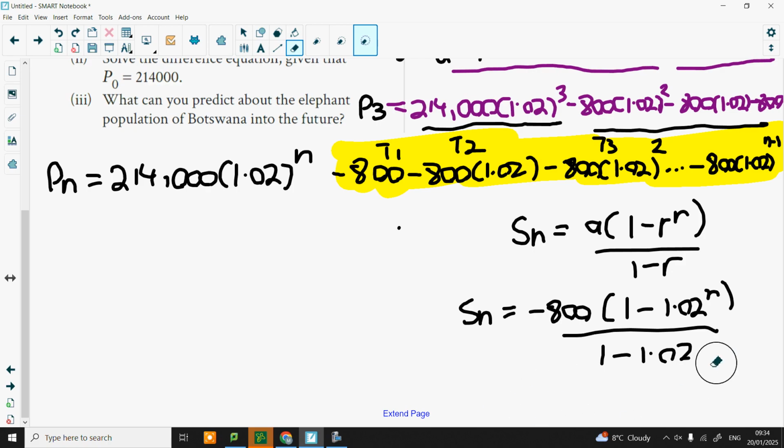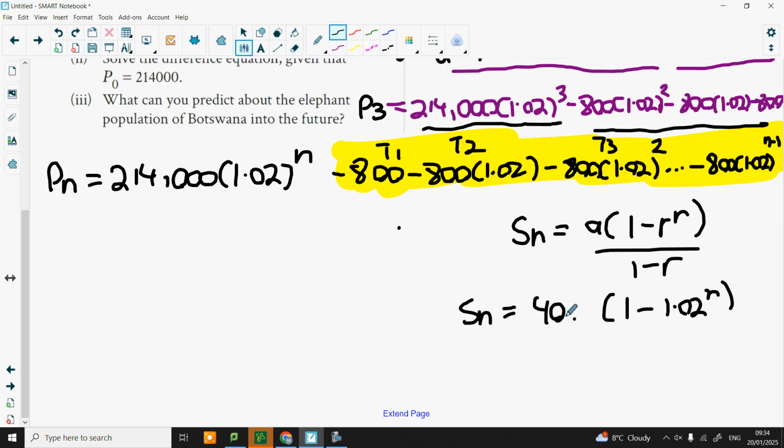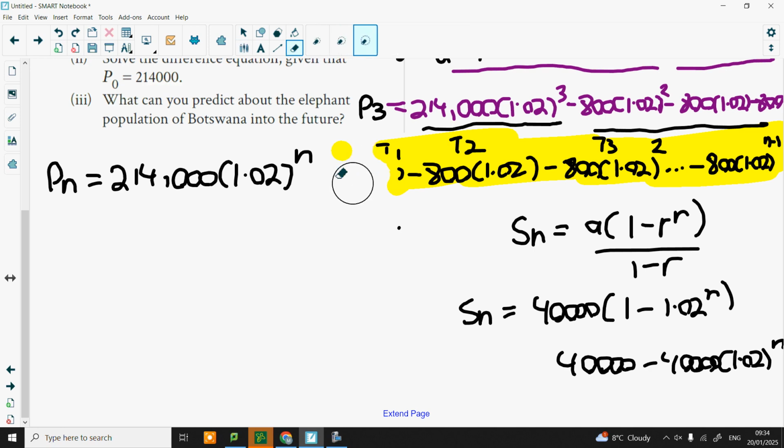Perfect. 40,000. Everybody see that? And when I multiply it out, it's 40,000 take away 40,000 times 1.02 to the power of n.